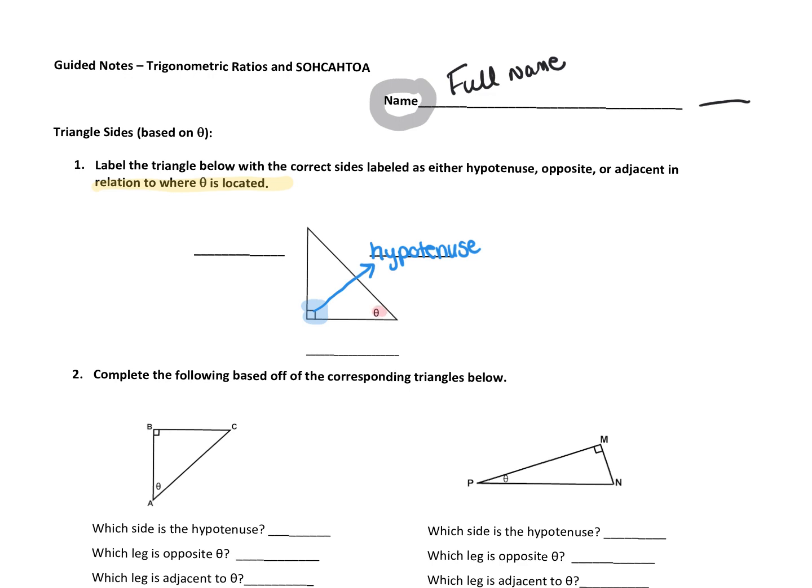So here's my theta right here. With reference to my theta, the side right next to it is the adjacent. I don't have to go across the triangle, I'm right next to it. And then opposite means I had to go across the triangle like this, and so this one is the opposite.